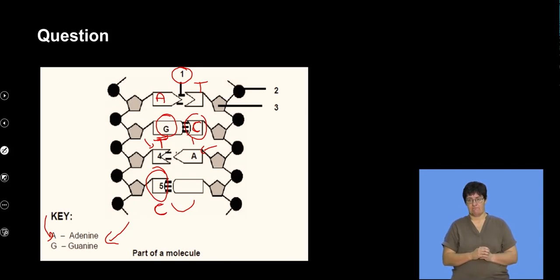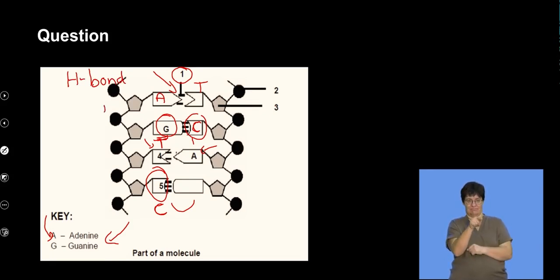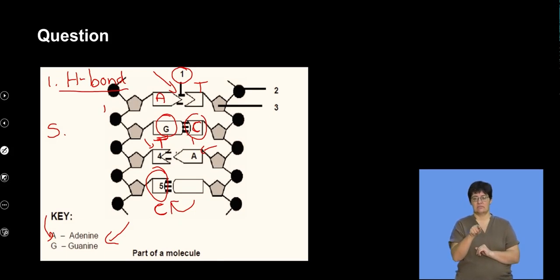So we look at number 1. Number 1 points specifically to the structures between A and T, and those would be the hydrogen bonds. So number 1 would point to the hydrogen bonds, and remember that these nitrogenous bases are held together by the hydrogen bonds. The next structure that we needed to identify was number 5, and I think it's specifically pointing to the skill of being able to identify the type of nitrogenous base.